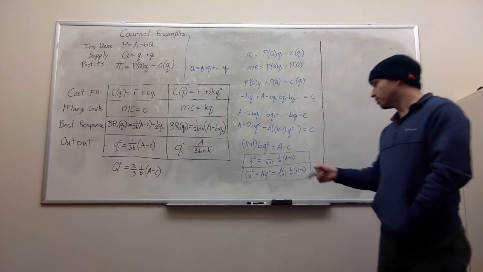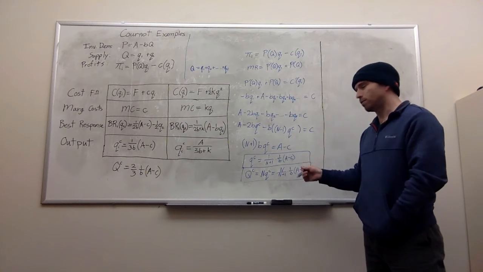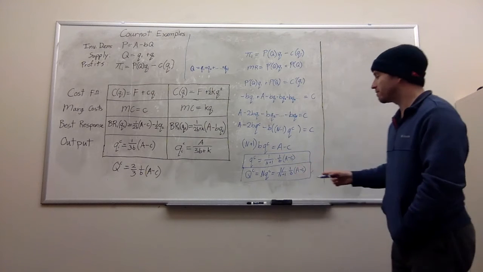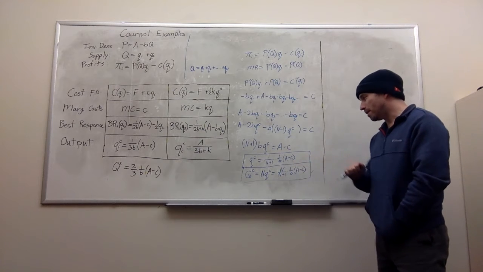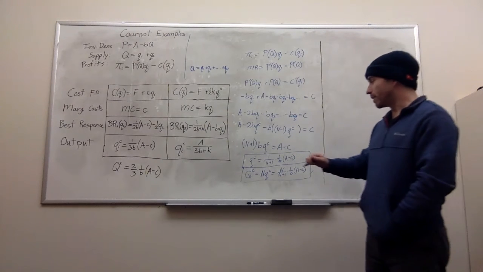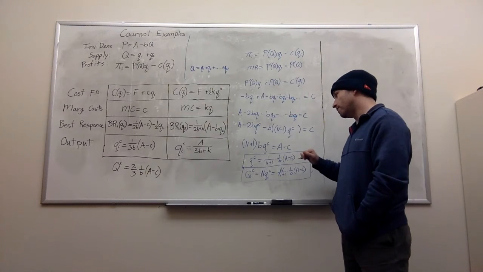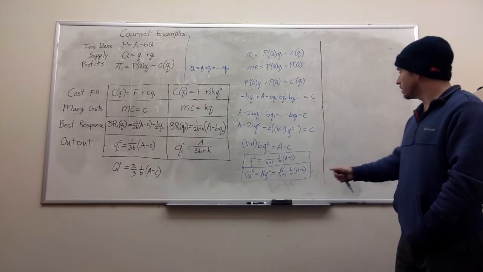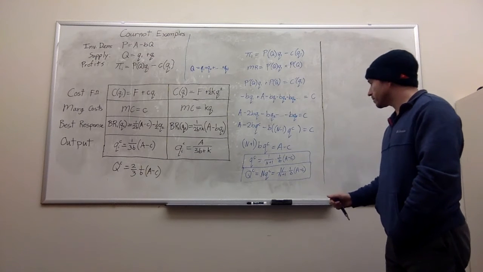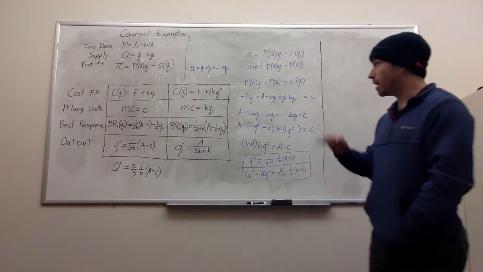We could also show that this won't ever quite reach that efficient level of output, but it will approach it. So we are moving towards the efficient level of output here for a given marginal cost and demand curve.